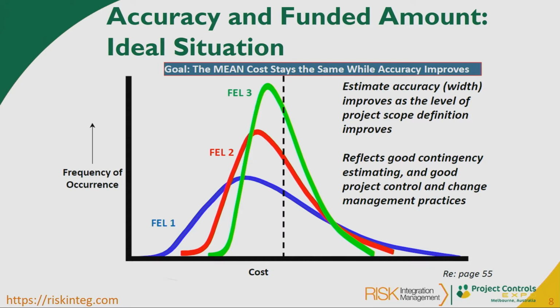So you are narrowing the uncertainty, and the kurtosis or the peakiness of the curve is getting greater and narrower, so that by the time you're ready to sanction the project, you are confident of what that P50 or mean will be.